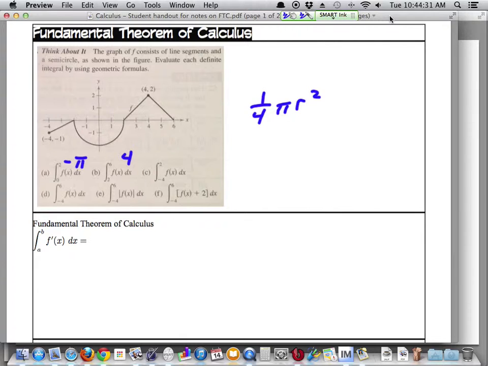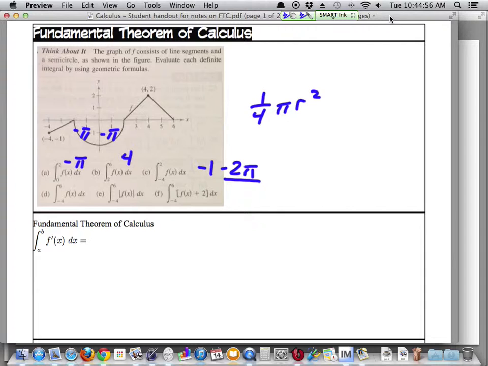The answer should be negative 1 minus 2 pi. I already know that the quarter of a circle is negative pi, so this quarter over here is also negative pi. So 2 of those is where I get that from.